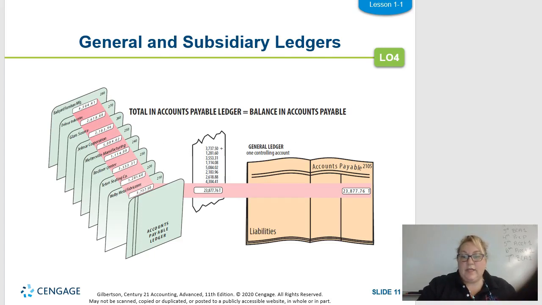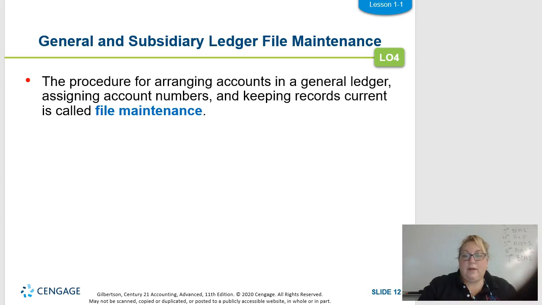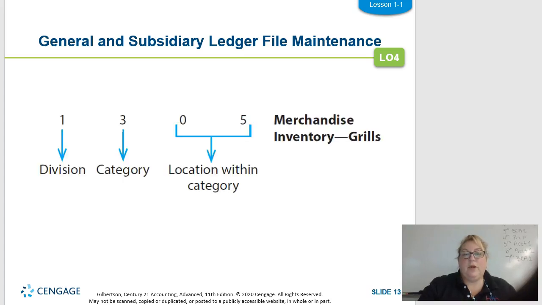Here's an example of the accounts payable ledger. And then they talk about, of course, file maintenance, which you already know. Now that we're in a corporation, it's 4 digits instead of 3. So remember, division 1 is where it lives. 1 is an asset, right?